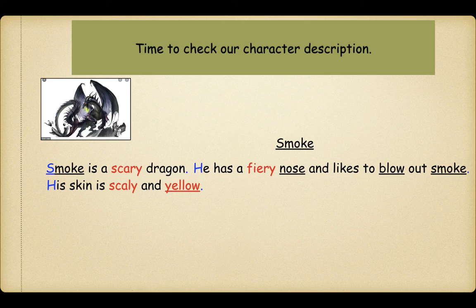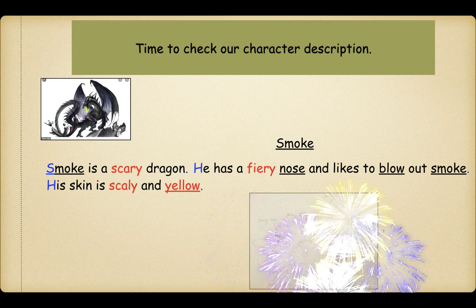So your task is to try and write some of your own sentences. You only need 3. Tomorrow we're going to carry on with this story, but you need to try and write 3 of your own sentences. Remember, you need a title, and you can start with smoke is what kind of dragon is he? So describe his character or personality. What happens next?